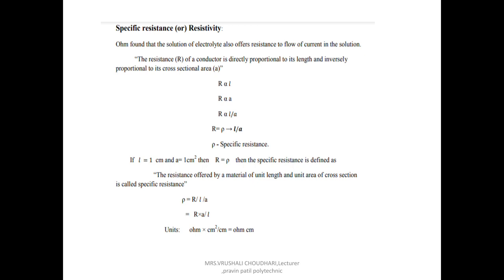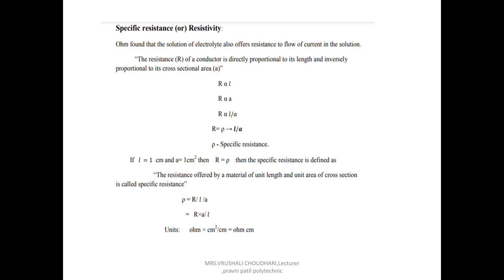Rho is the proportionality constant called specific resistance. When length is 1 centimeter and area is 1 cm square, that time resistance is equal to specific resistance, and it is defined as the resistance offered by a material of unit length and unit area of cross section.